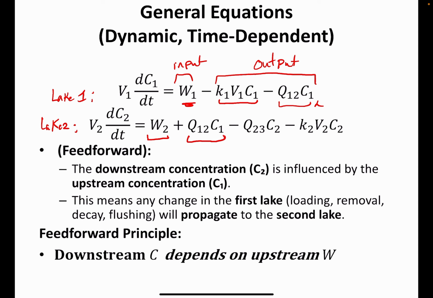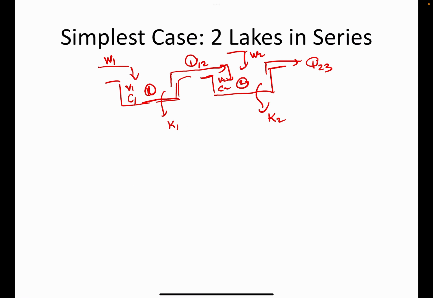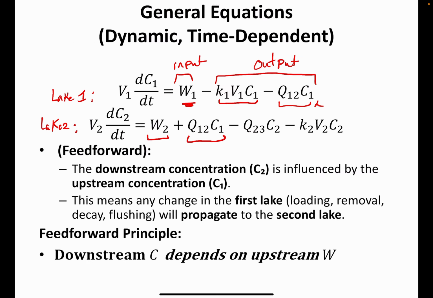Remember here? This is whatever's entering here, Q12 times the concentration C1. That's going to be the input to lake 2. It's an output of lake 1, and it's going to be an input for lake 2. So both of these are inputs.